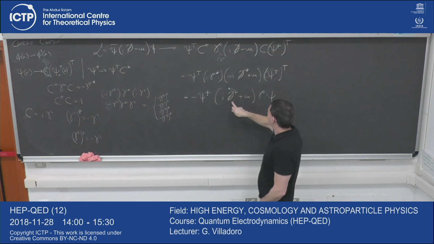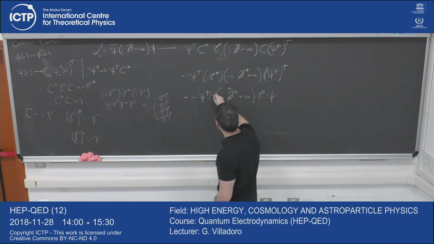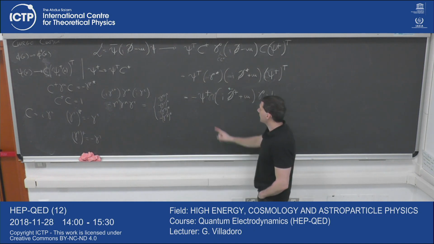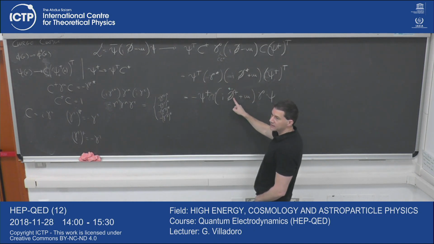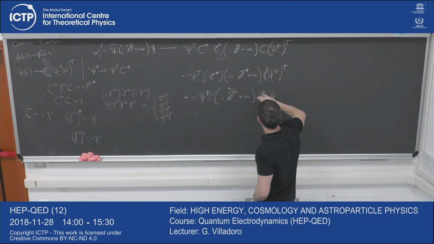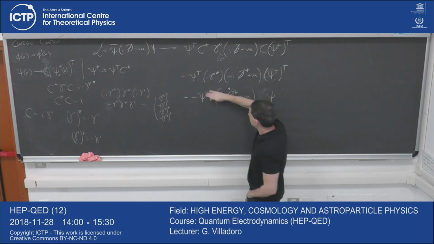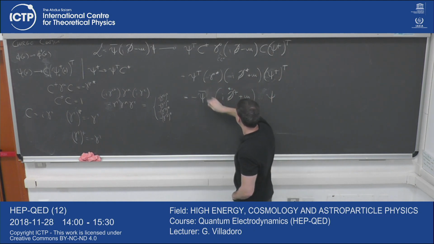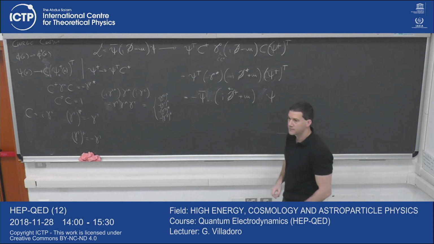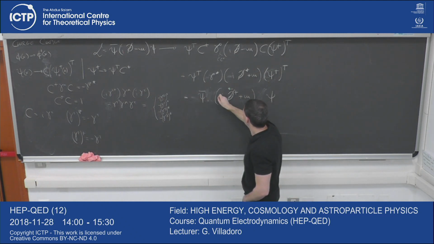Now the derivative, okay, now gamma 0 I can bring on the other side by just multiplying by gamma 0 squared here, right? And gamma 0, gamma mu dagger, gamma 0 converts this into gamma mu. So basically gamma 0 goes on the other side and makes this psi bar. This minus I bring in.